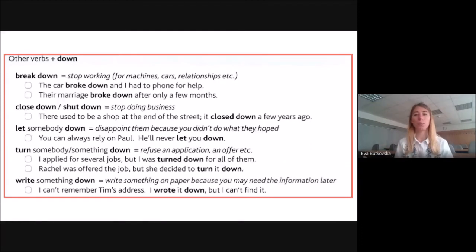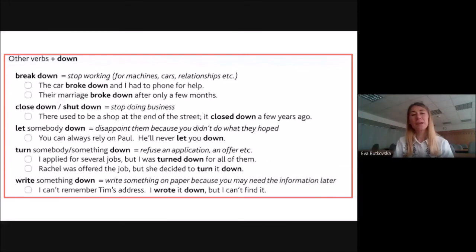I didn't get the job. So turn down somebody means to refuse the person. Or another sentence, sorry. Rachel was offered the job, but she decided to turn it down. So she decided to refuse the job. So there is not only turn down music, but turn down somebody as well.